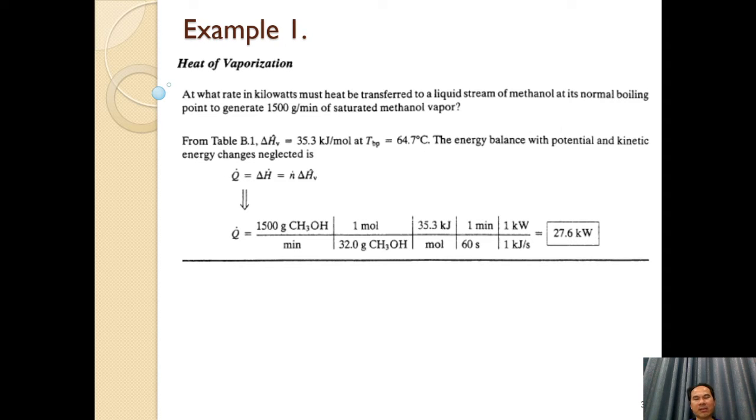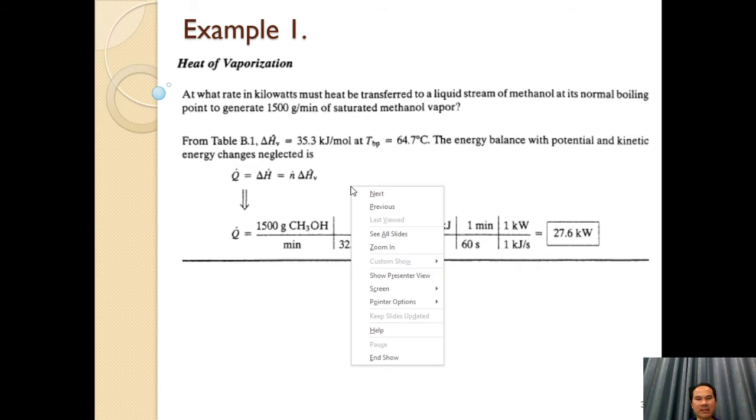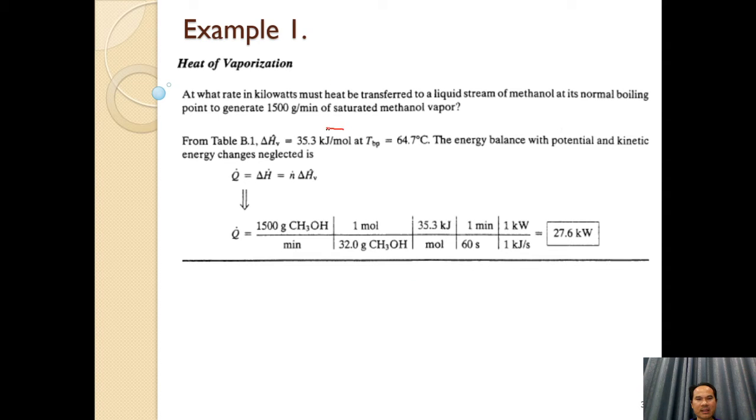Delta H equals moles multiplied by delta H v, where delta H v is the specific enthalpy in kilojoule per mole. Multiplied by the number of moles, you get kilojoules. Here n is in terms of mass flow: 1,500 grams methanol per minute, and then you change from gram to mole by dividing by the molecular weight, 32 grams methanol equal to 1 mole.